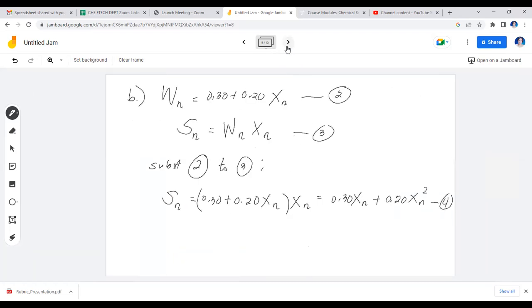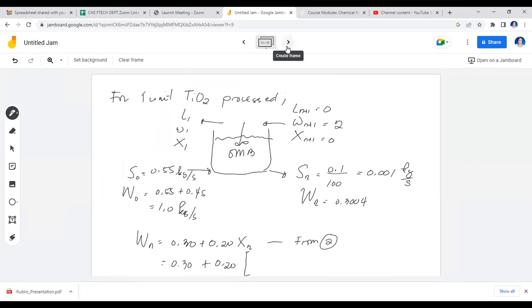So you will have here 0.1 over 0.1 plus 50. That should give you this answer, which is written here on the total amount of solution leaving the end thickener.